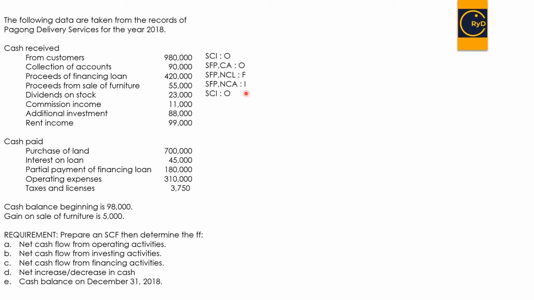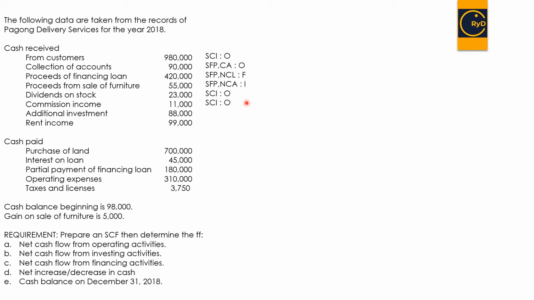This is a dividend income since Pagong Delivery Services is into rendering of services. So since we can find this in our SCI, this is an operating activity. Then we have our commission income, still in our SCI, so operating.